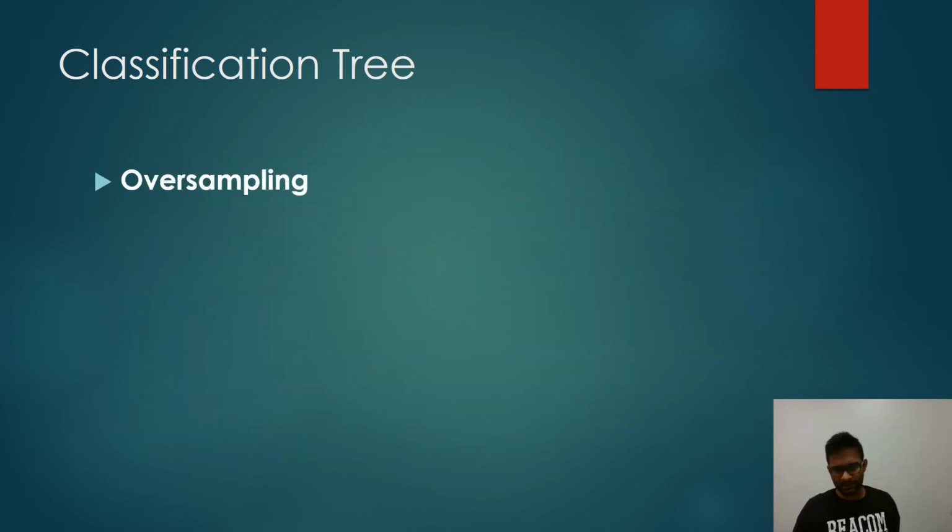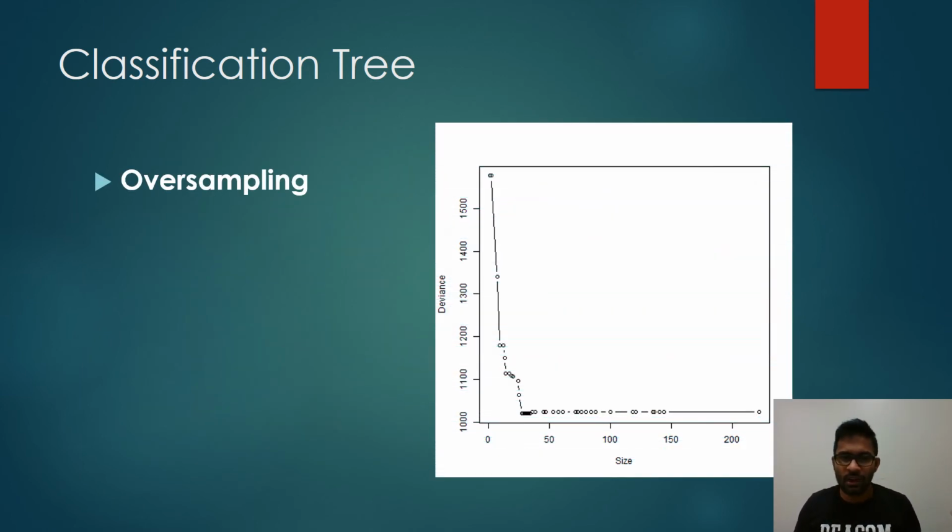And after that, yes, oversampling. After using cross-validation on our dataset, we found out that trees with 27 to 34 terminal nodes have the lowest deviance. Therefore, we ran 3 iterations by pruning the tree with 27, 31 and 34 terminal nodes.